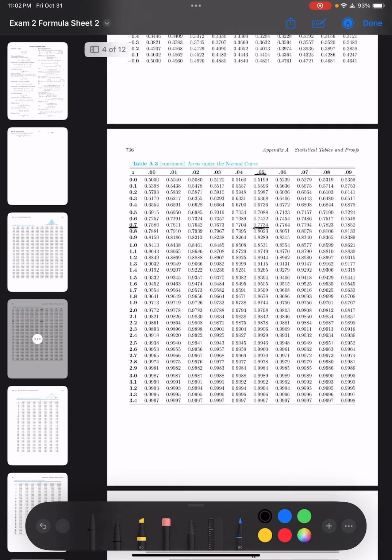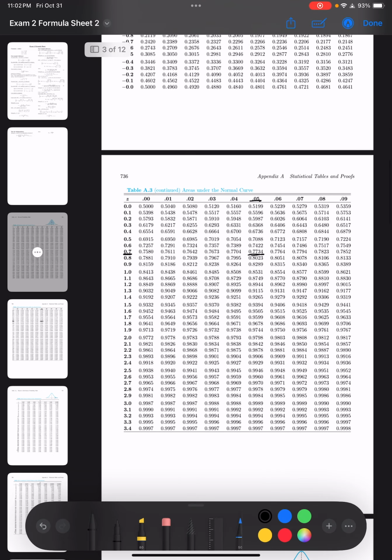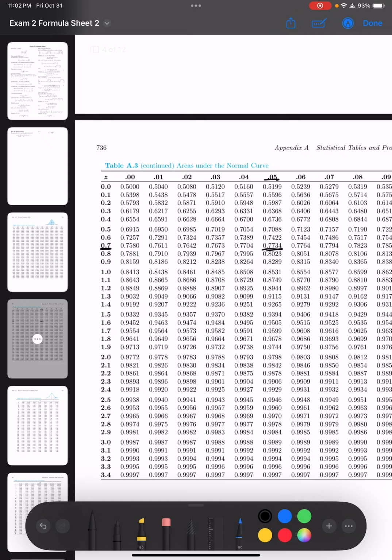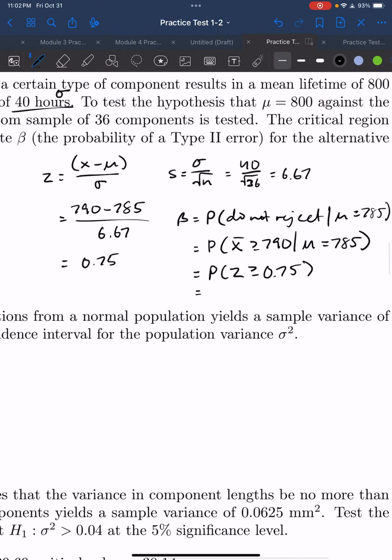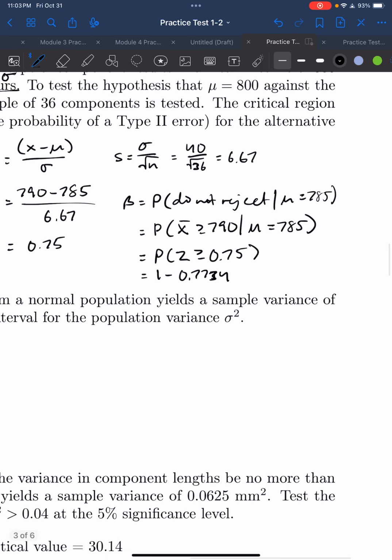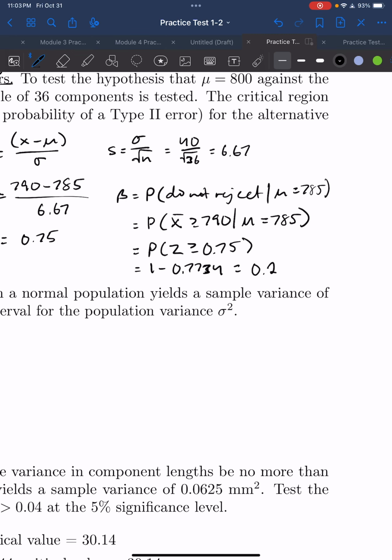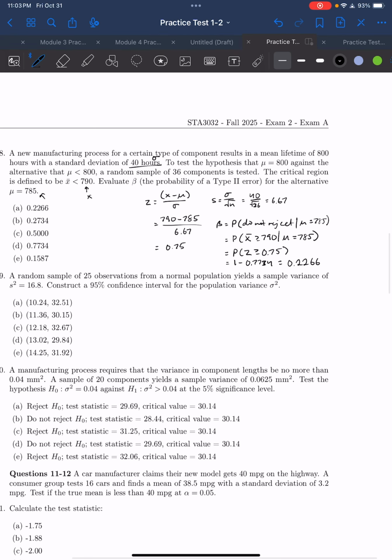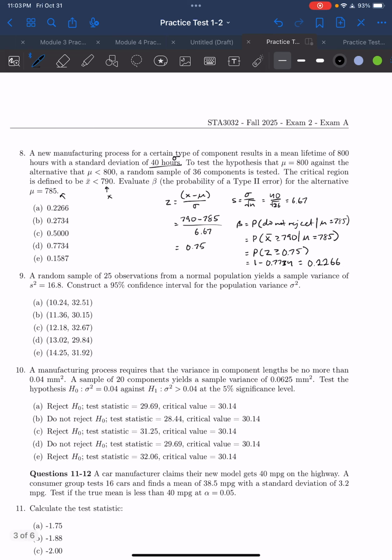And then our z table shows less than, so since we're doing greater than, we just want to do 1 minus this value. So it would be 1 minus our 0.7734, and that would be equal to 0.2266. And so that is our type 2 error probability. And so that should be A over here.